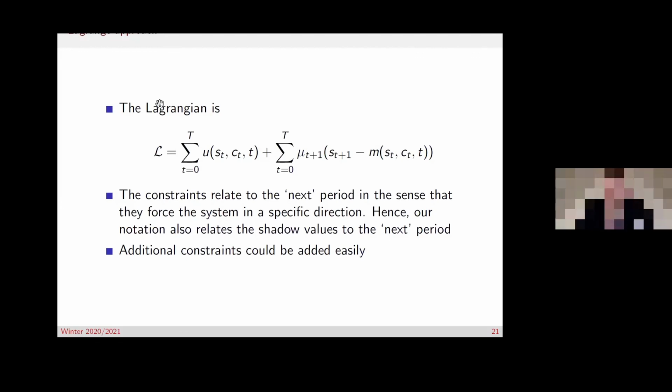Sorry, I have one question. As far as I got it right, the state S0 at t equals 0 is exogenous, right? And from then on, it is dependent on the control, right?